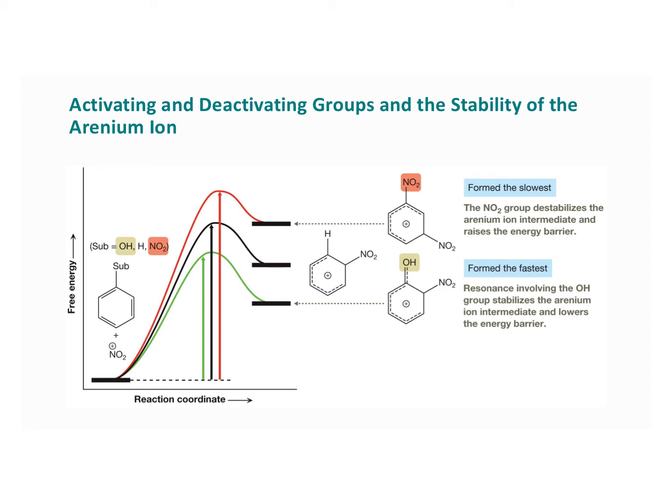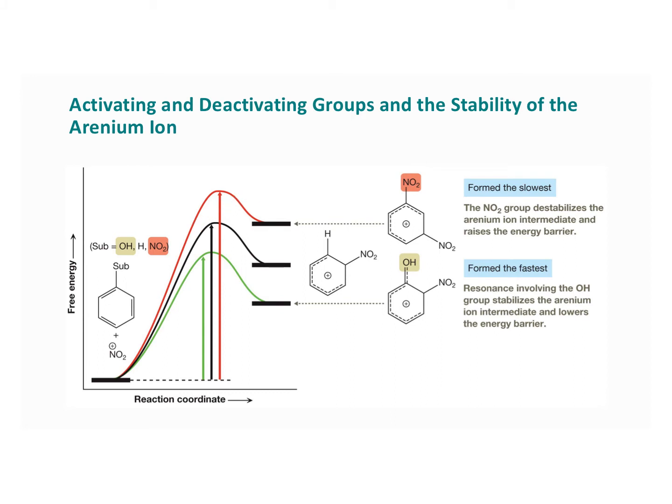So here it is with OH, here it is all by itself, right? And then here it is with the NO2 already on it. So when the electrophile adds to nitrobenzene, the NO2 group destabilizes the arenium ion intermediate that's formed, right? And that destabilization increases the energy barrier, which slows the overall reaction.